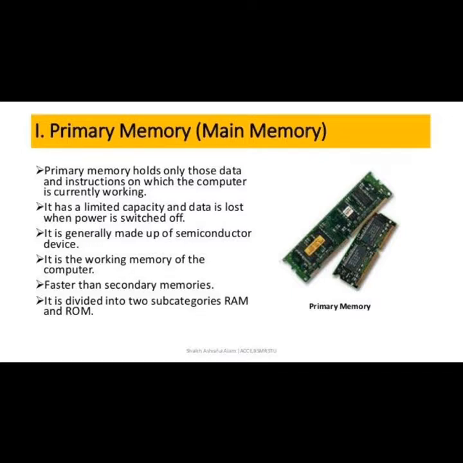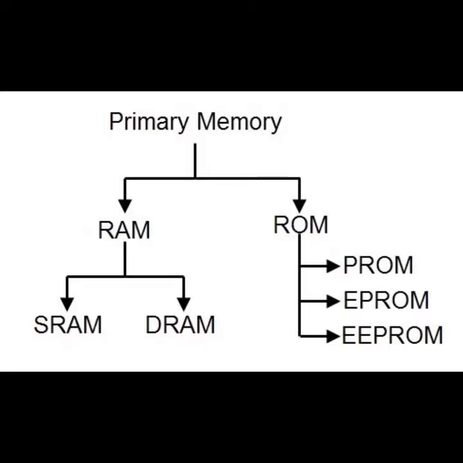It is placed on the motherboard. It is expensive and has small storage capacity. It is faster than secondary memory. The capacity is 16 GB to 32 GB. As you know, primary memory has two types, RAM and ROM.